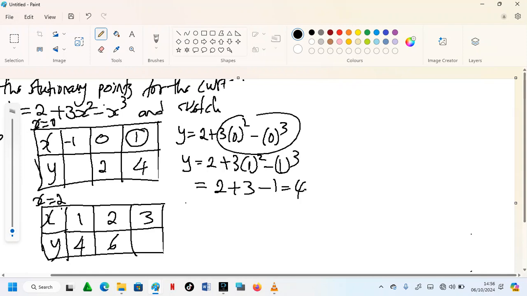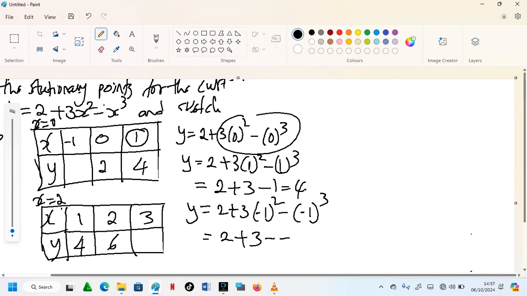And then negative 1. So y is 2 plus 3 times negative 1 squared minus negative 1 cubed. Negative 1 squared is 1, so plus 3, and then minus negative 1 cubed, which is negative 1. The negative and the negative give us a positive, so we have 2 plus 3 plus 1, that is 6.